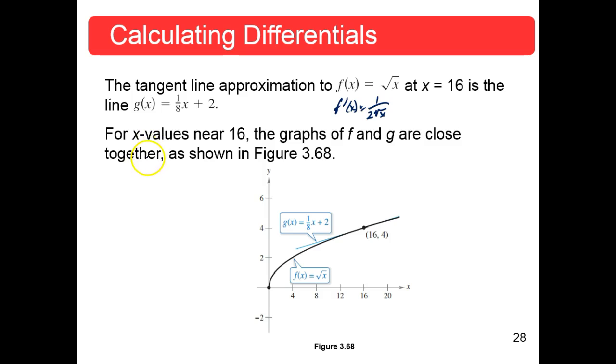That's your derivative, and you evaluate f prime at 16, which would be 1 over 2 times 4, which would be 1 over 8. So that's where your 1/8 comes in. So your g of x, your linear approximation, would be 1/8 x, and then where is that 2 coming from?